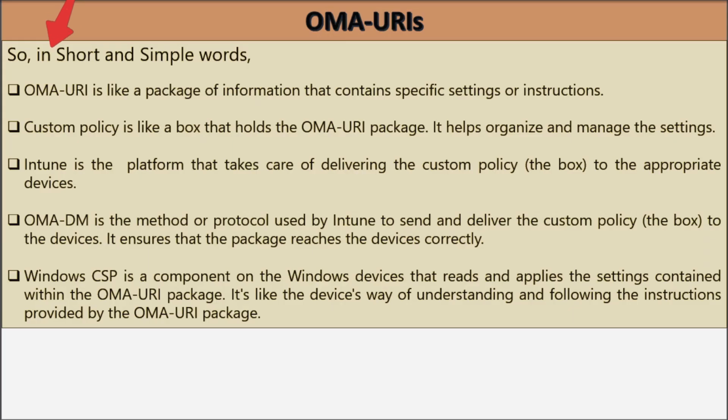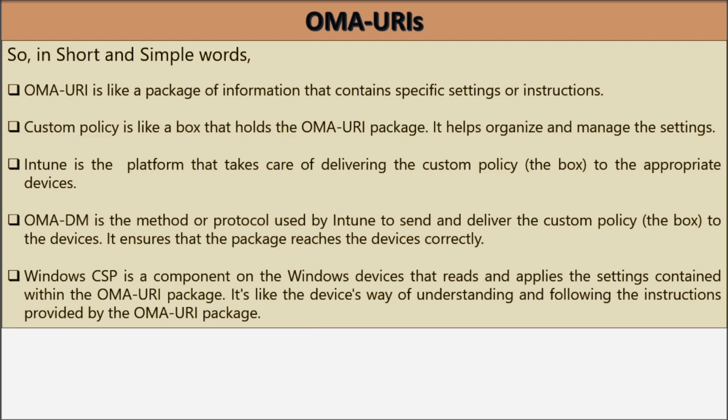So in short and simple words, OMA-URI is like a package of information that contains specific settings or instructions. A custom policy is like a box that holds the OMA-URI package. It helps organize and manage the setting. Intune is the platform that takes care of delivering the custom profile, the box, to the appropriate devices.